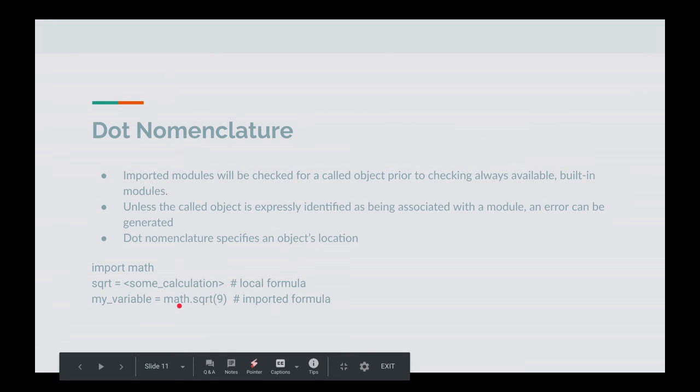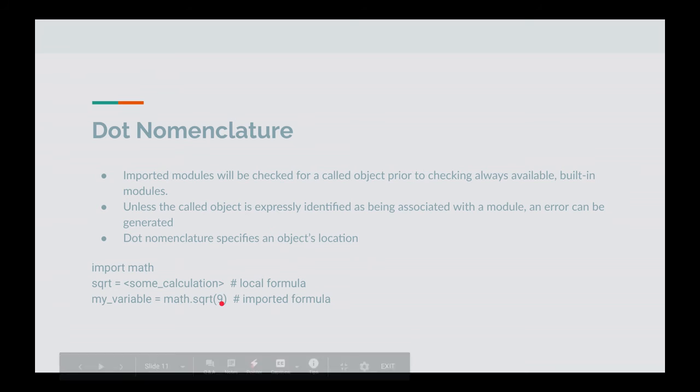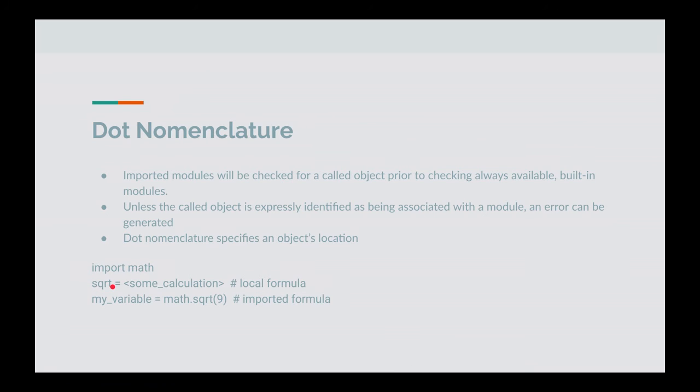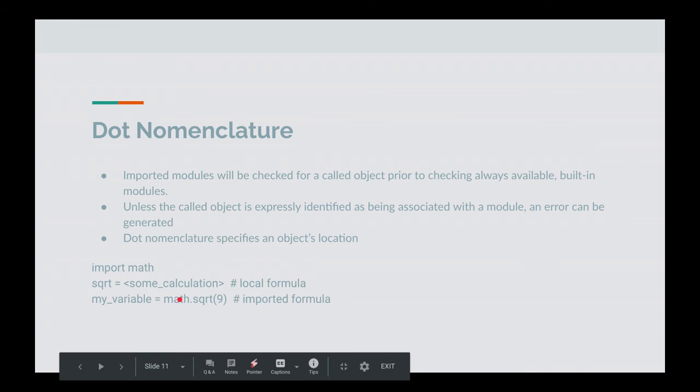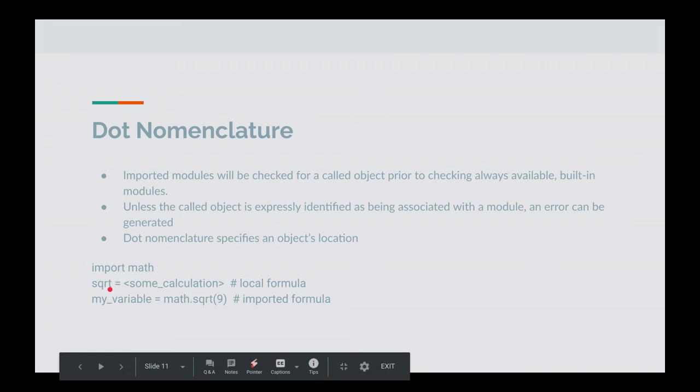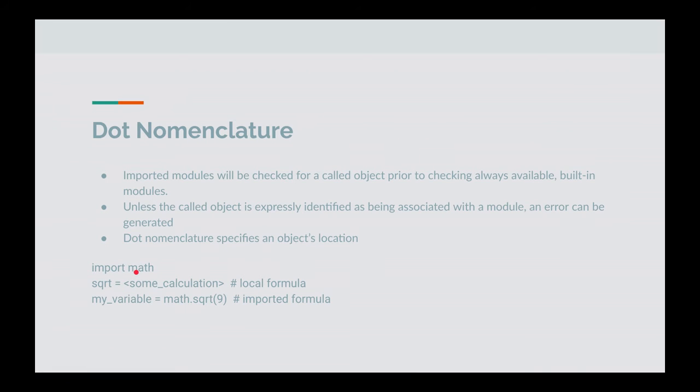Using dot nomenclature, math.sqrt, we are expressly telling Python, use the square root calculation from math and don't use our personally defined square root. If we did not have math dot, then Python, going from inner to outer, the first thing it's going to find is our locally defined square root calculation and use that rather than the imported math calculation. So again, I hope that makes sense.